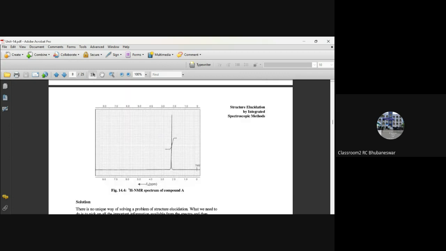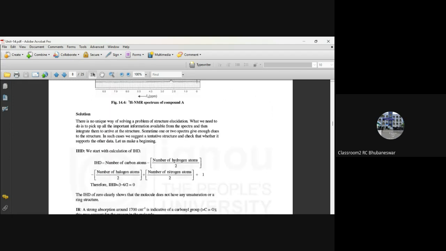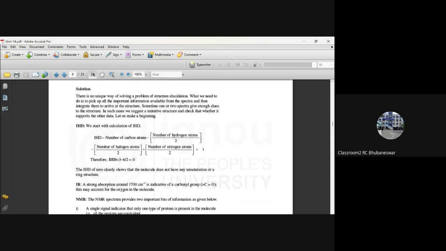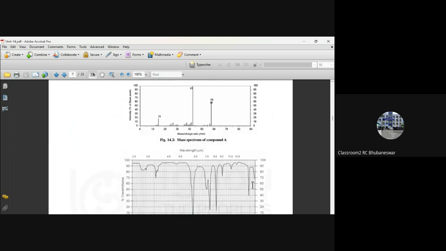Through this online class, I can show you one or two examples, but you have to practice at home. Now we'll see how to calculate this IHD. The number of carbon atoms minus the number of hydrogen atoms by 2. You remember the formula?